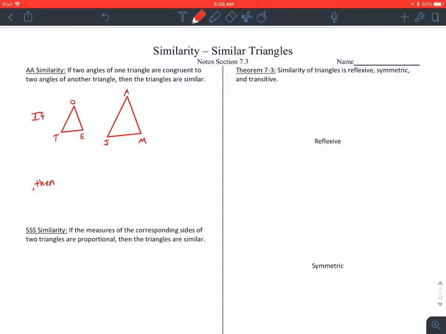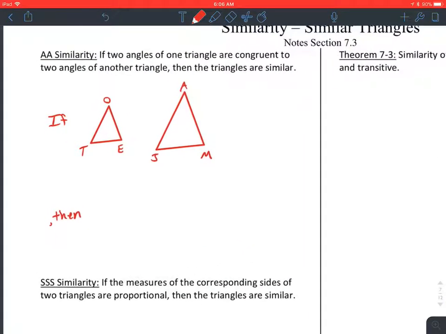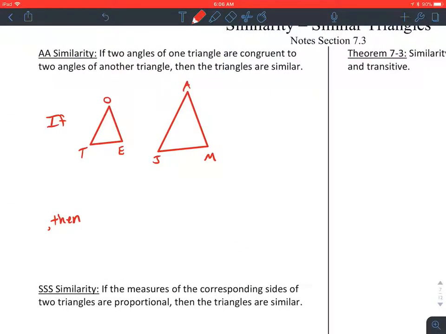All right, we got section 7.3, similar triangles. Angle-angle similarity. If two angles of one triangle are congruent to two angles of another triangle, then the triangles are similar.